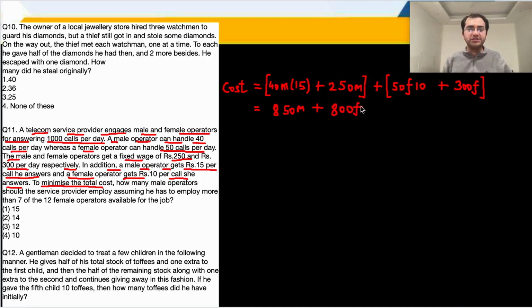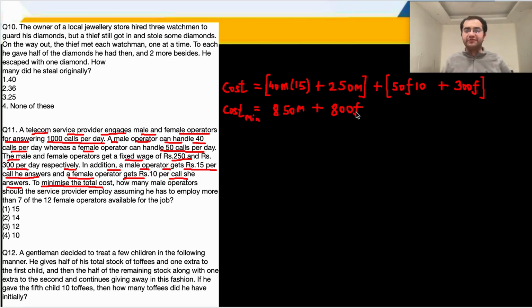This is a cost that has to be minimized. So when will it be minimized? You have to now minimize this cost: 850M plus 800F.